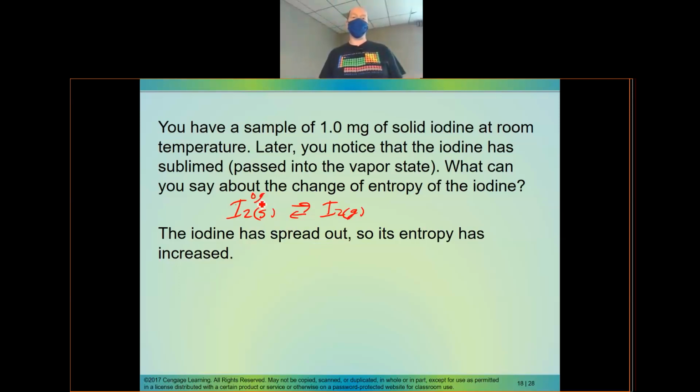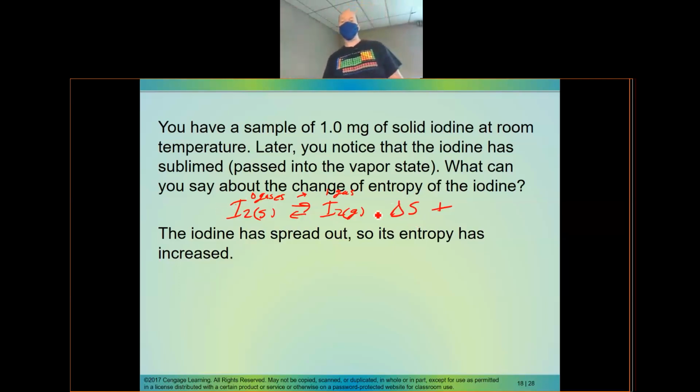You have 0 gases on the left, going to 1 gas on the right. You're going to more disorder. Solids are very ordered, and you're going to a gas, lots of disorder. So the delta S for this reaction is definitely going to be positive. Then you can go to one of the tables, look up the S value for the gas and the S value of the solid, and get the actual delta S for this reaction.